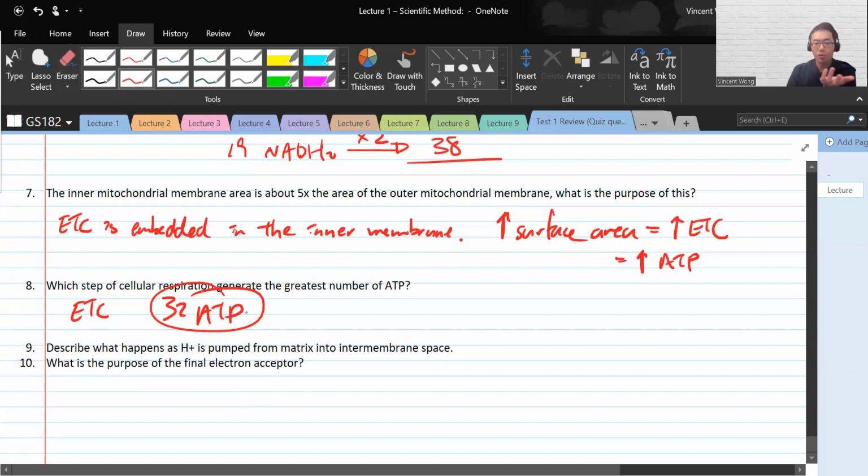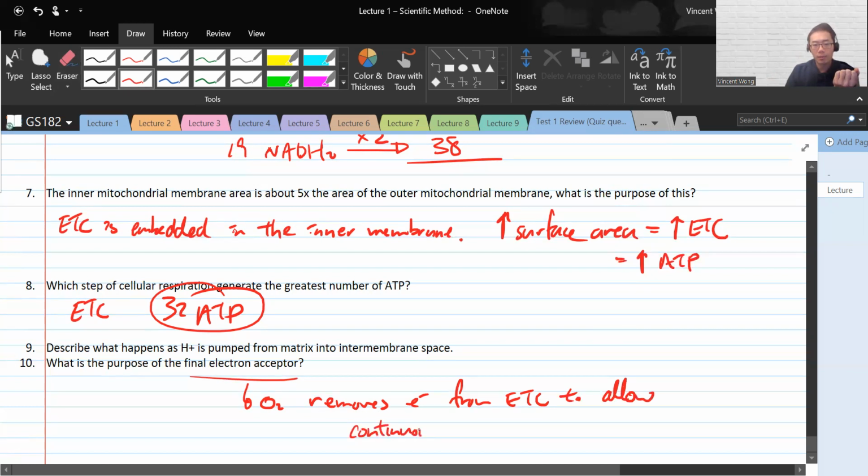Describe what happens to the H plus. I told you already: they come back in and generate ATP. And what is the purpose of the final electron acceptor? First of all, the final electron acceptor is O2. Oxygen removes electrons from the ETC to allow continuous electron flow.